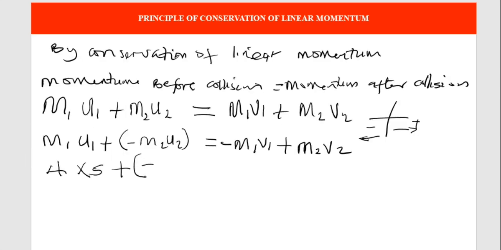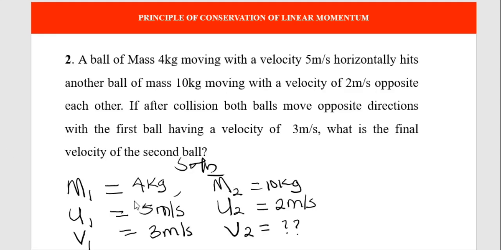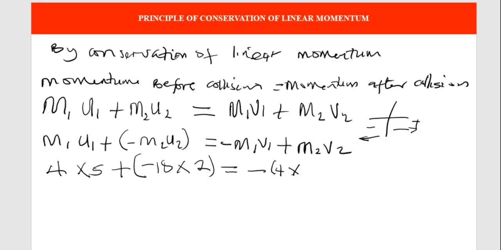So here we have 10 multiplied by 2, which is equal to minus m1, 4 multiplied by our final velocity here, which is 3. Plus our m2 is equal to 10 multiplied by v2, since we are looking for v2, the final velocity of ball 2.